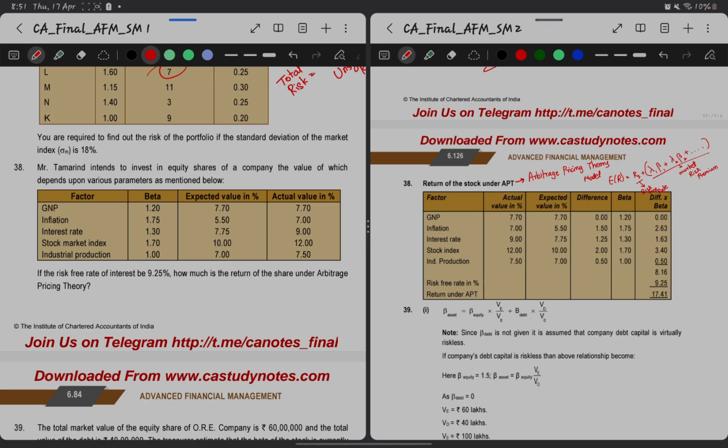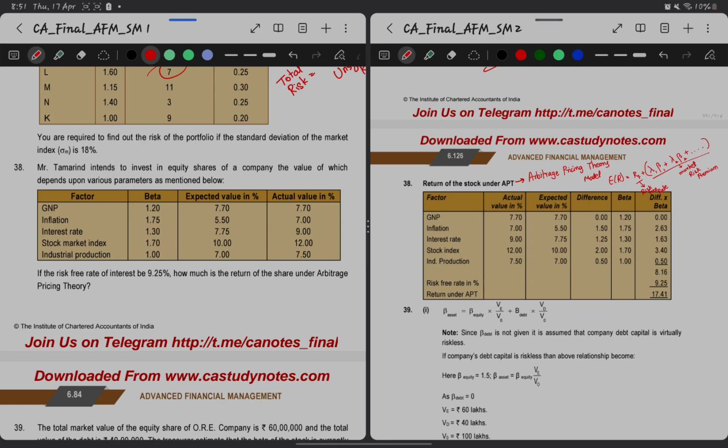So here also, if we take actual minus expected, we'll get to know the change in percentage. That change in percentage, if we multiply with the sensitivity, we'll get to know the exact market risk premium. That's the crux here.